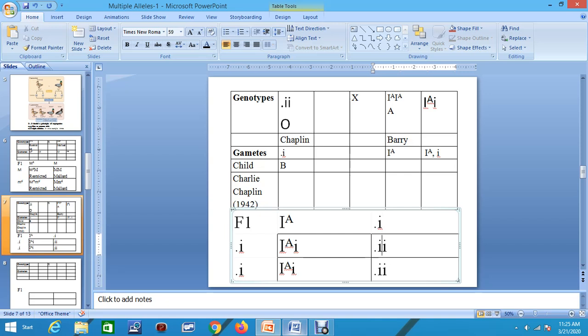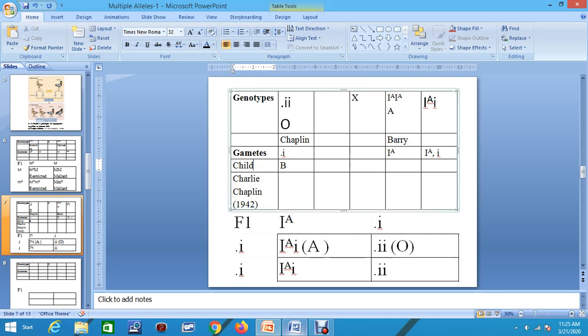In that case, half of the offspring will have A blood group and half of the offspring will have O blood group. So it is not possible that the child may have B blood group. So the case was dismissed against Chaplin because it was not proved that the child belongs to Chaplin. Thank you very much.